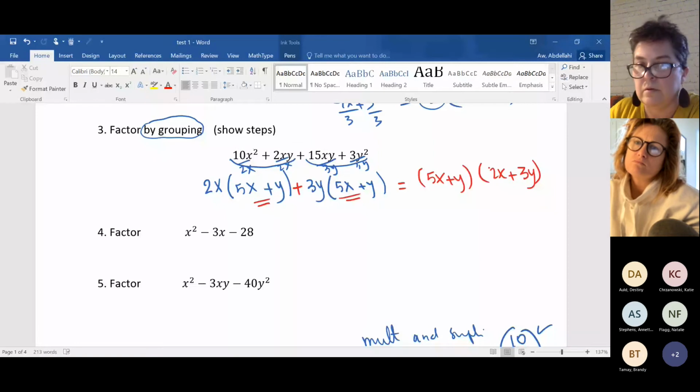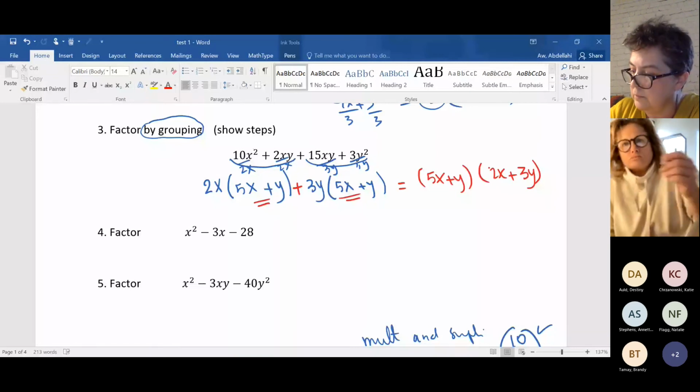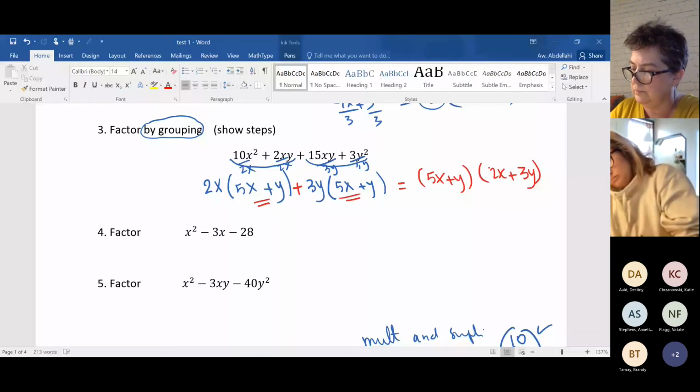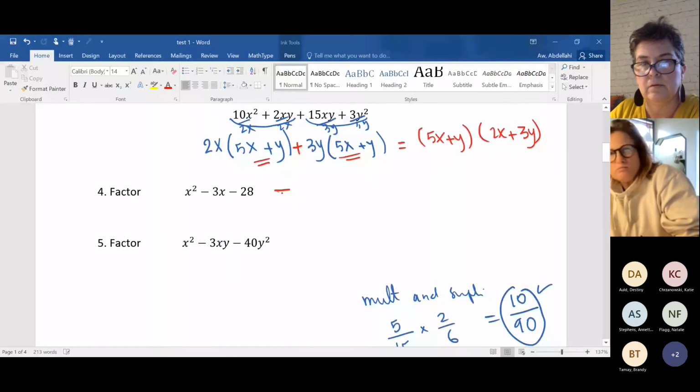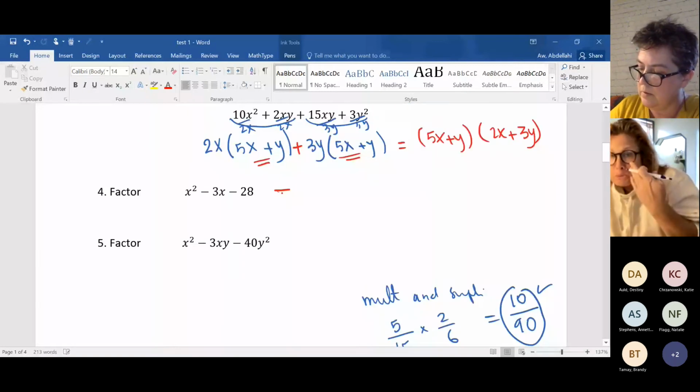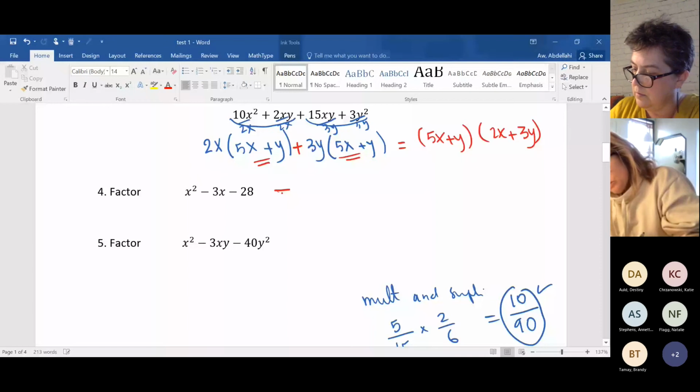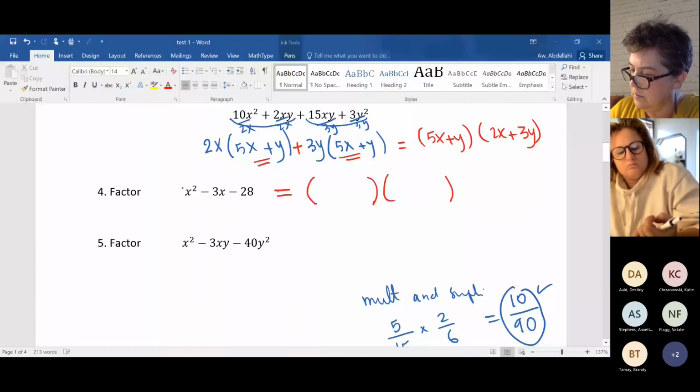Okay, and then we have the easy factoring problems, if you do remember them, something like number 4 here. How to factor number 4? Because the x squared has just 1 in front of it, we don't need to do the whole steps of the AC method.